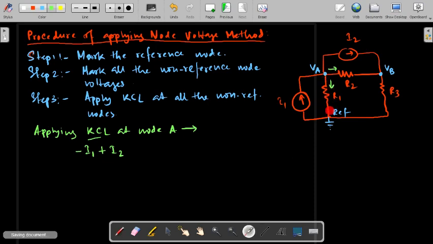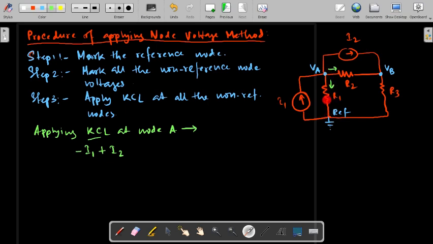If I consider this branch, the direction of current is from here to here. So instead of putting the current I over here, I am putting the current in the equation by mentally calculating the element equations.